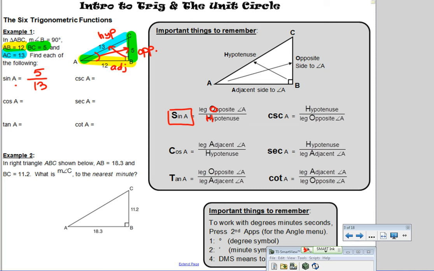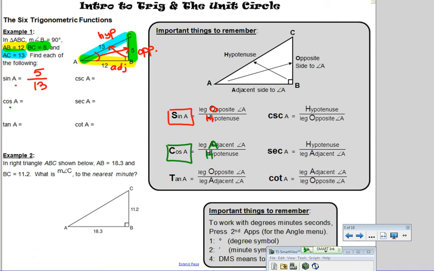Now it says just what is the sine value, so all they want is the ratio. If they wanted you to find the angle, they would have said what is the measure of angle A. By saying sine A, they just want the ratio that represents sine, not the actual angle itself. So cosine. Cosine is equal to the adjacent side over the hypotenuse.